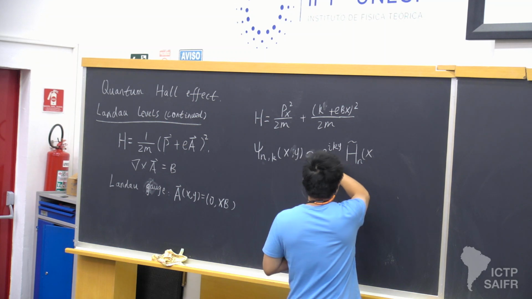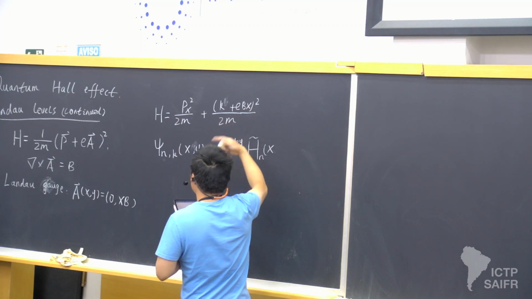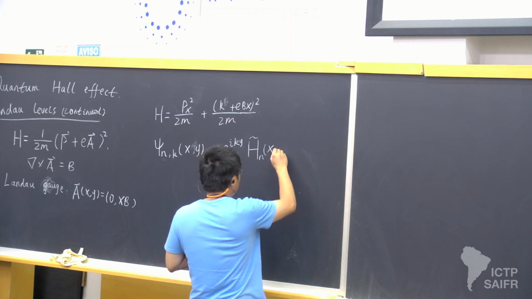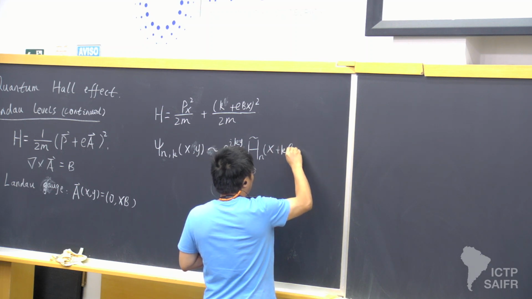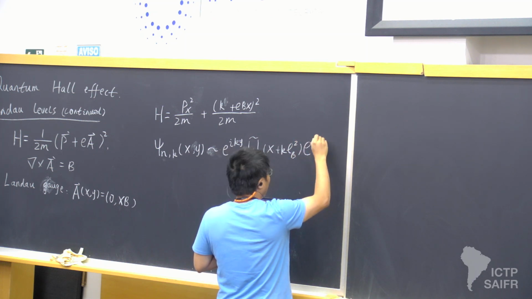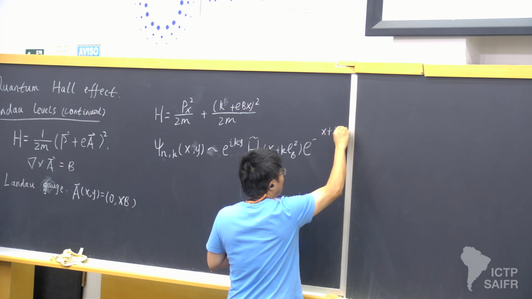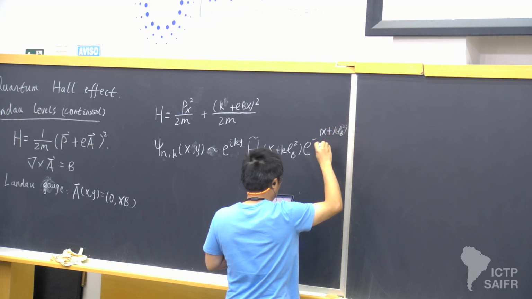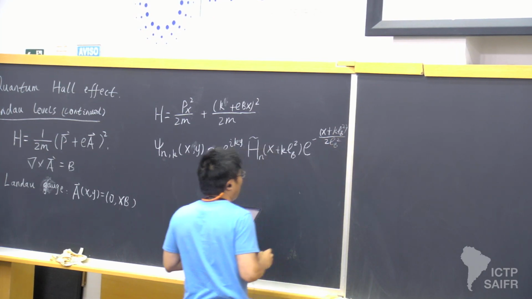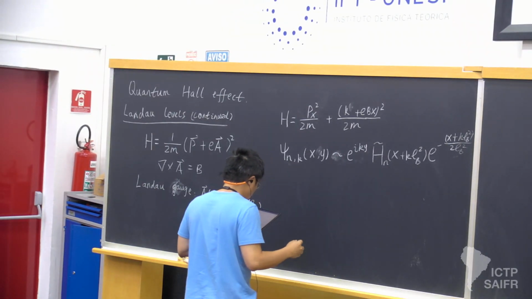I get an exponential e^{iky}, which tells me that the wave function has a momentum k along the y direction. Then I have these Hermite polynomials as well as an exponential factor. And here, this l_B is the so-called magnetic length, which I will specify in a minute.